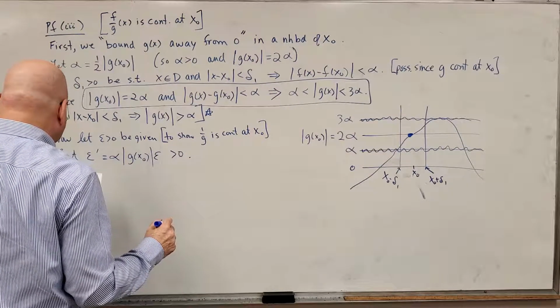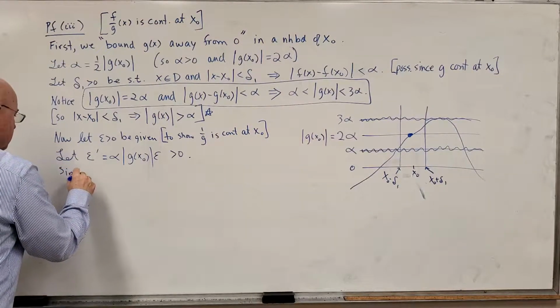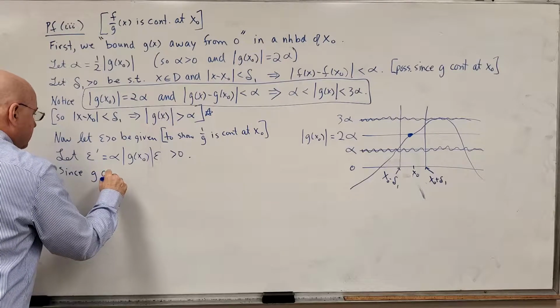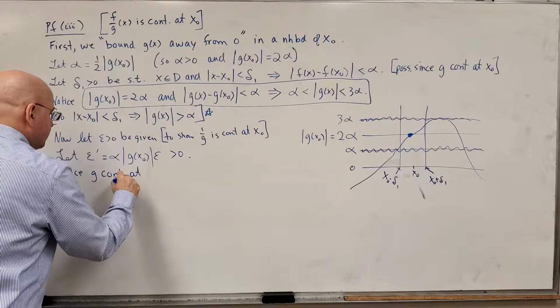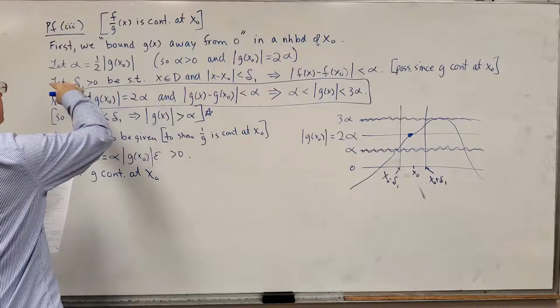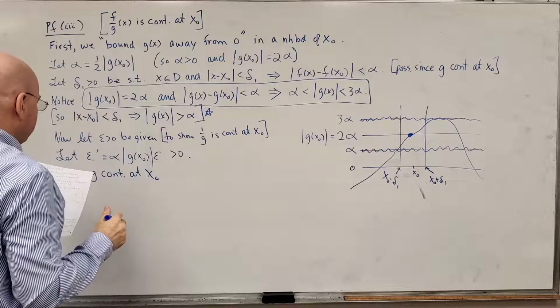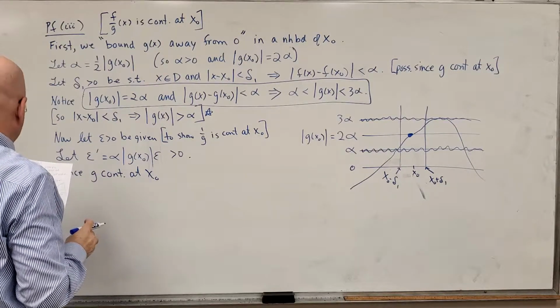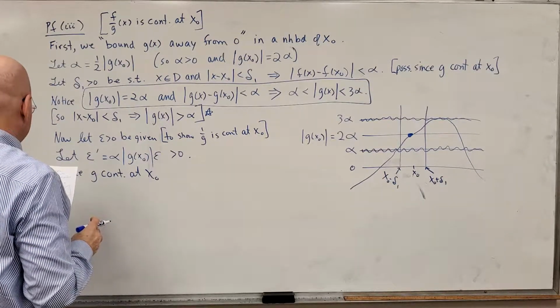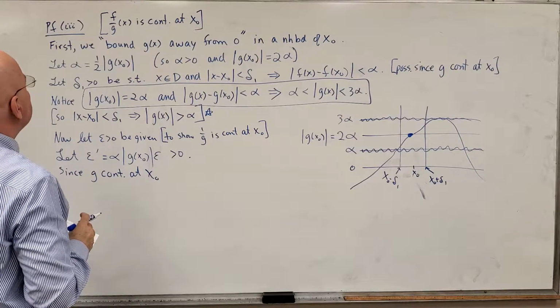Okay. Since g is continuous at x naught, we're going to do something similar to what we did on this line right here, but for the function g. Let me see what I did here.